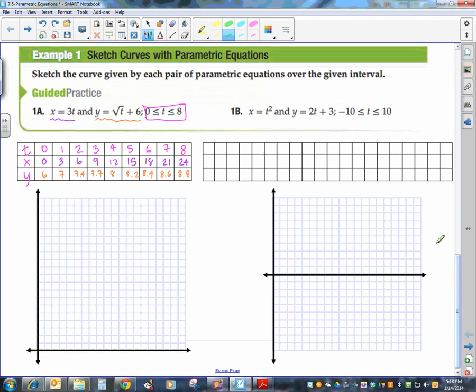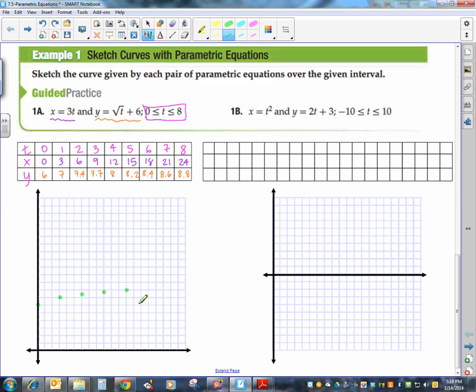Now to plot the points, I'm going to look at my x and y. I'm going to plot the point (0, 6). Then I'm going to plot (3, 7), and then (6, 7.4), and then (9, 7.7). 12 is at 8.